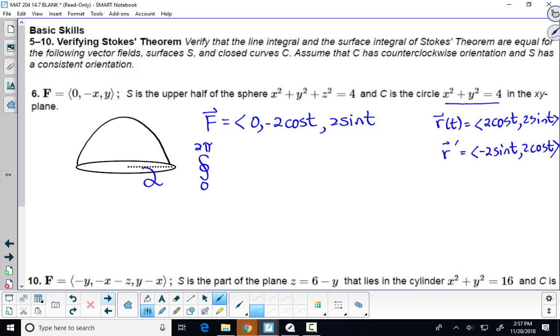R prime only has 2 components, so we'll just add a 0 for the z component. We can imagine it in 3-dimensional space with a 0 as the z component. So we dot these 2 together, and we get negative 4 cosine squared of t dt.